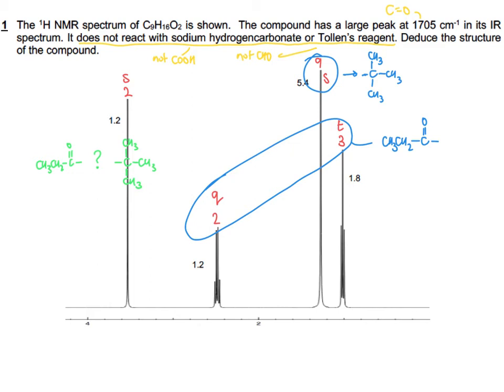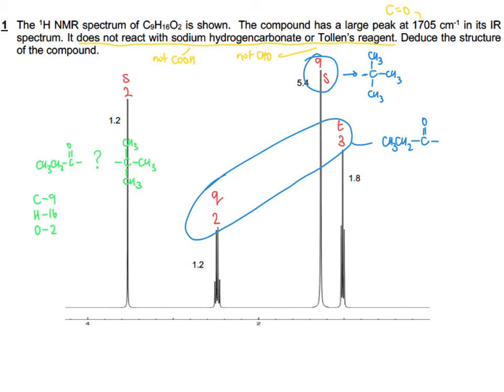To help me work out that gap, the next thing I'm going to do is a tally of how many carbons, hydrogens and oxygens I've used, and then see what's left from the molecular formula. The molecular formula tells us that in the whole molecule there are 9 carbons, 16 hydrogens, 2 oxygens. Carbons I have used 1, 2, 3, 4, 5, 6, 7.